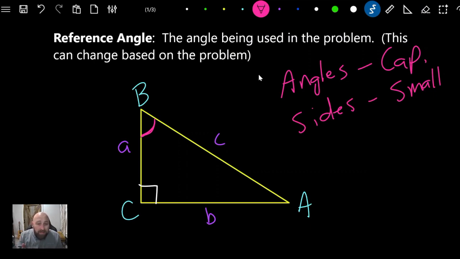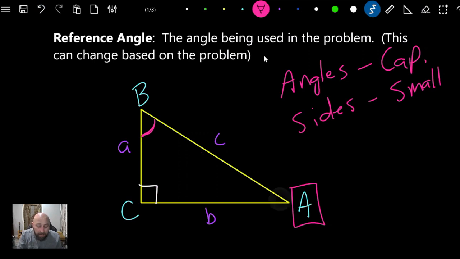Let's look at another thing about this that you need to be able to recognize. The capital letter B for the angle, and then across the triangle, so across from the angle, is where you will find the small letter b. Same thing is true. Capital letter C, look across, and you're going to find small letter c.